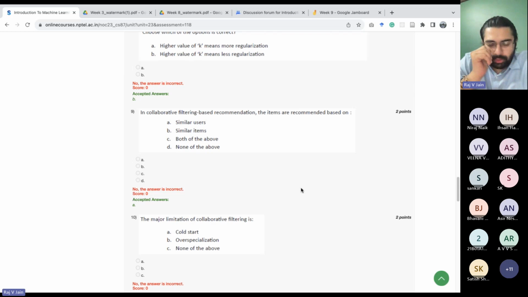Okay, so one second. To put a rest to all of this, 9B, the option number B in question number 9, similar items. Here, similar items means content-based similarity. So now tell me, will 9B be a right answer for this question?